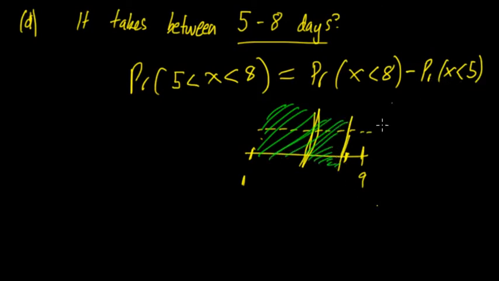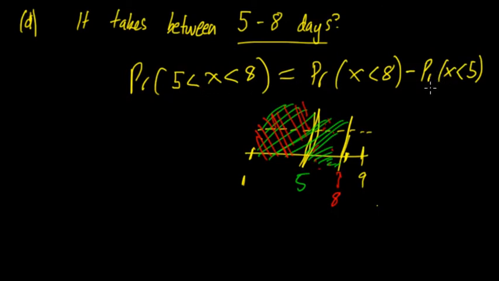And then we know that we can work out the probability of x is less than 5. So that's all this area here. And as you can see, this is a pretty simplified diagram, but if you have x is less than 8, because here is 8, and you get the probability of that, which is all this area, minus the probability of x is less than 5, then we get this area in between here, which will be the probability of x between 5 and 8.